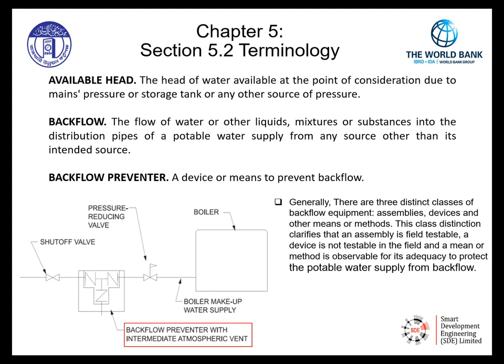Based upon the pressure differentials between the check valves, lower pressures in the potable connection to the backflow will divert the water through the intermediate atmospheric vent at the bottom of the backflow preventer, thus not allowing the water to migrate back into the potable water supply. This is one means of how we protect the potable water supply from backflow.